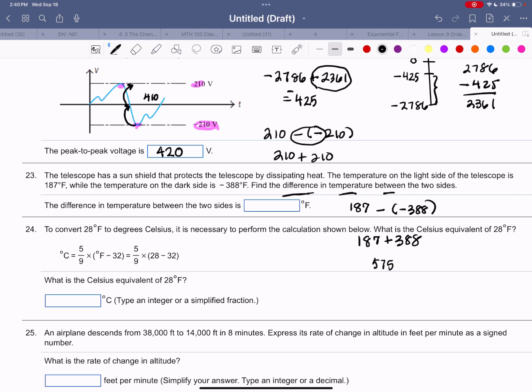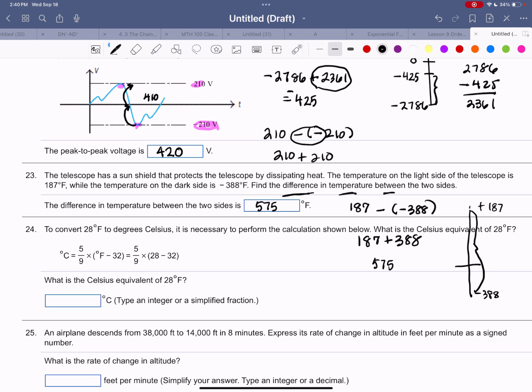So remember, we've got way up here at positive 187, and then way down here at negative 388. So to find this distance, we have to do 187 minus the 388. So technically what we're doing is we're adding, right? So it's a difference of 575 degrees.